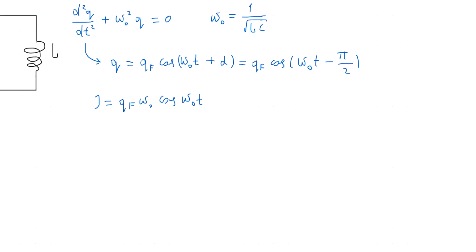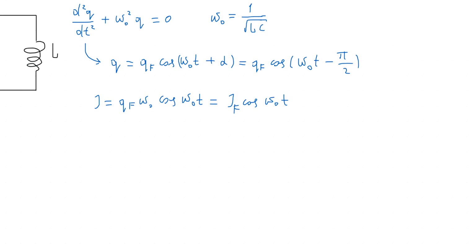So let's remove some unnecessary things. And this expression we can rewrite as IF, the maximum value of electric current, multiplied by cosine omega 0 t.